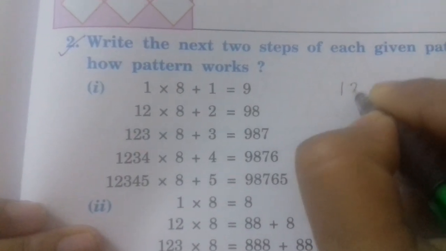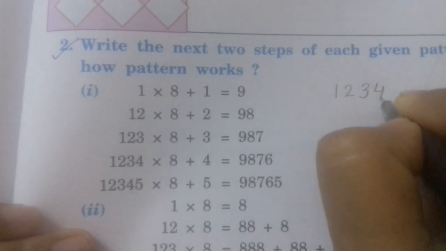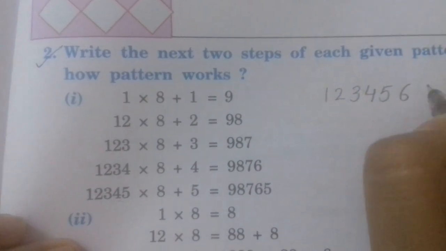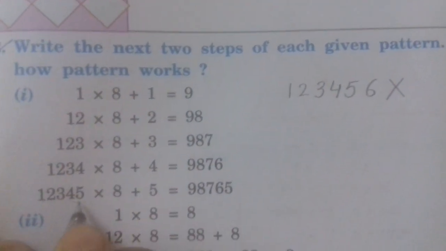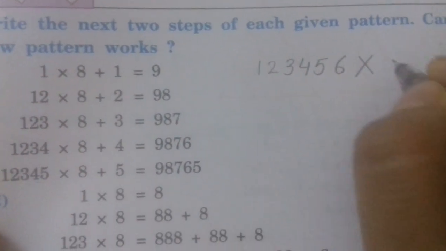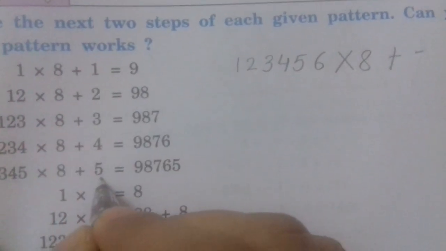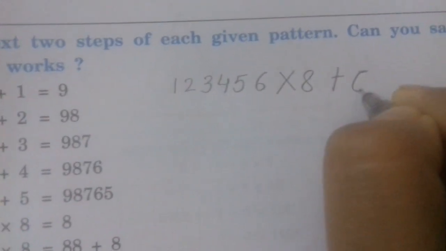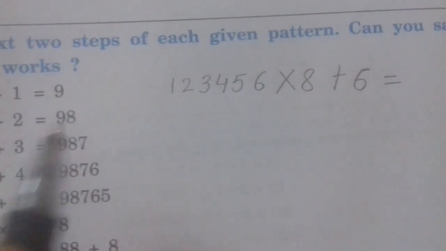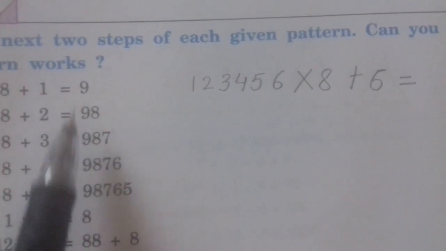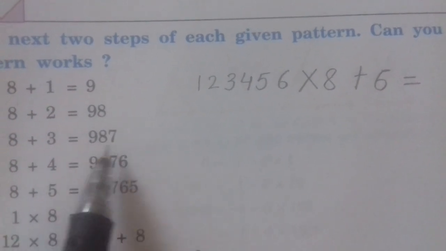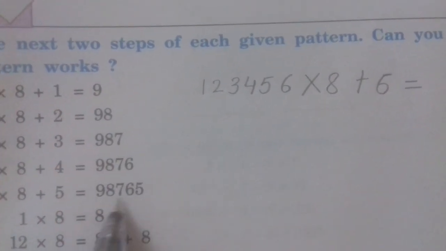I'll write here. You tell me 1, 2, 3, 4, 5 and 6. Okay. After 5 what will come? 6. Multiply by 8 plus, here up to 5 it is written, what will we write here? We will write 6 is equal to this pattern 9, 9, 8, 9, 8, 7, 9, 8, 7, 6 in the decreasing order.